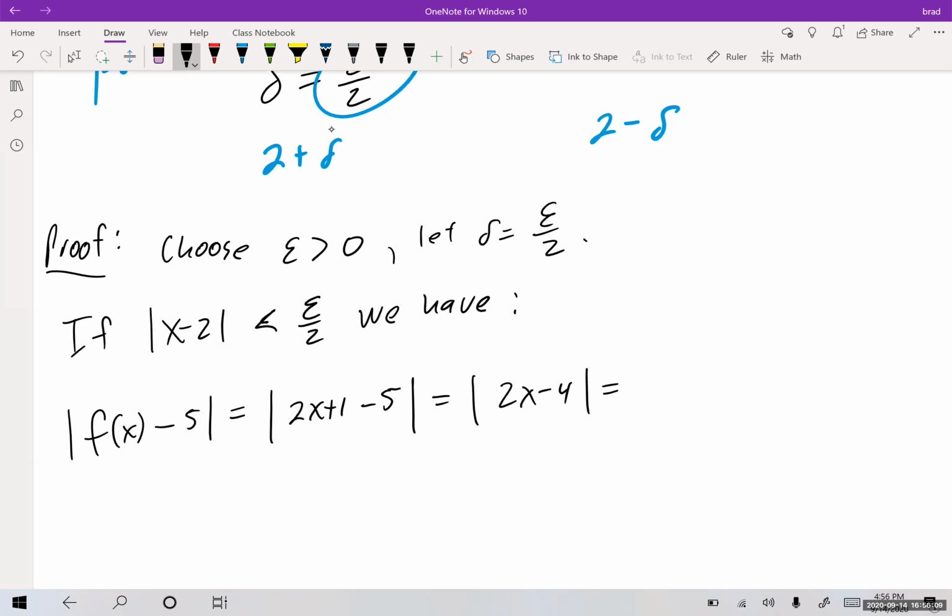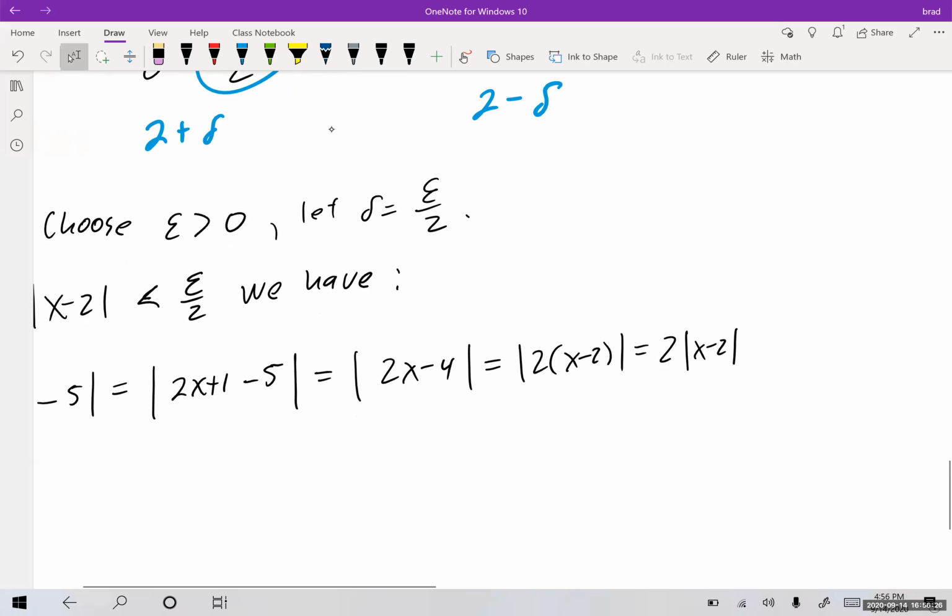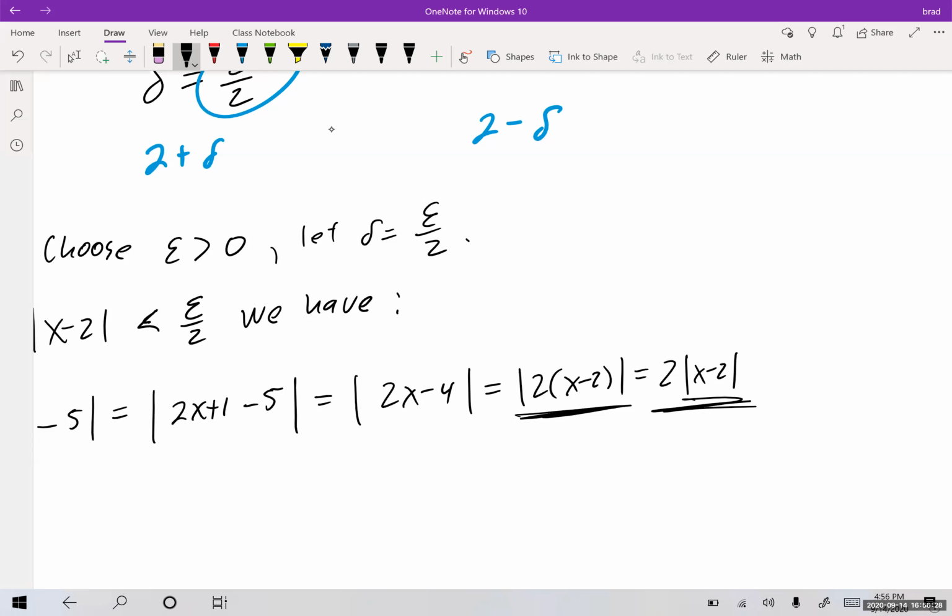But I could actually factor out a 2, so this becomes 2 times x minus 2, and you'll see why I want to do this in a second. And the absolute value of 2 is actually just 2, so we can rewrite this as 2 times the absolute value of x minus 2 like this, okay? So all I've done is I've turned this into this by taking out the 2. It's not going to change anything because the absolute value of 2 is still 2.